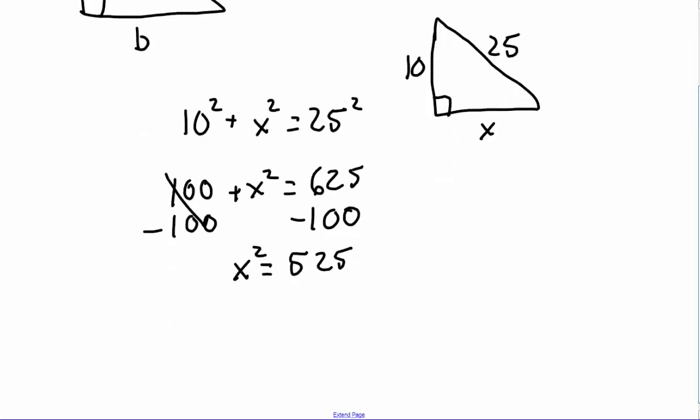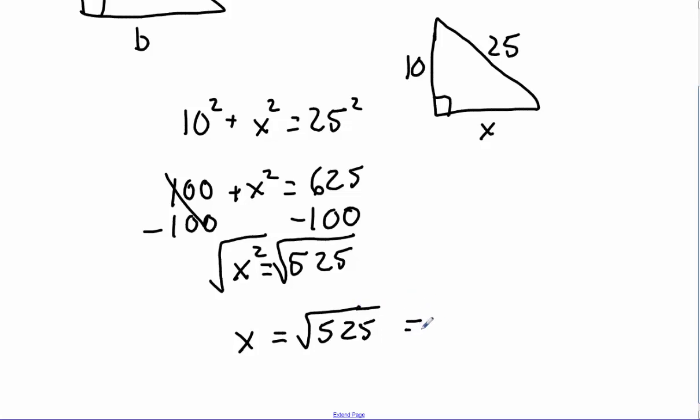The way that you get x by itself is we need to take the square root of both sides. Okay, so we have x is equal to the square root of 525.